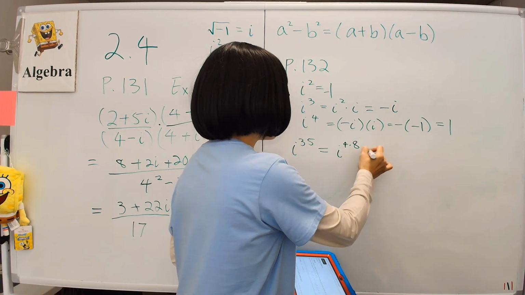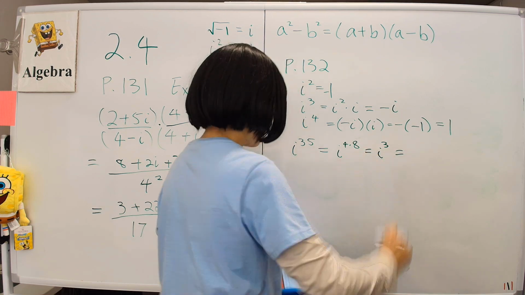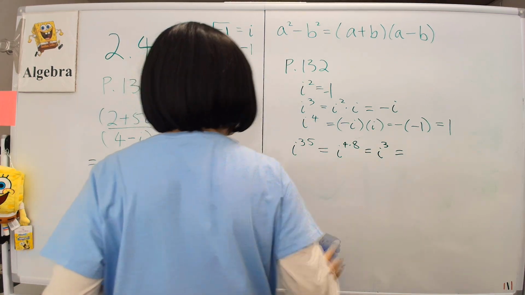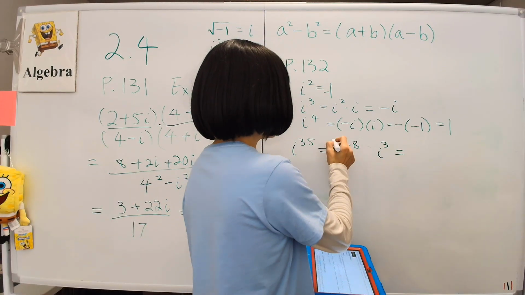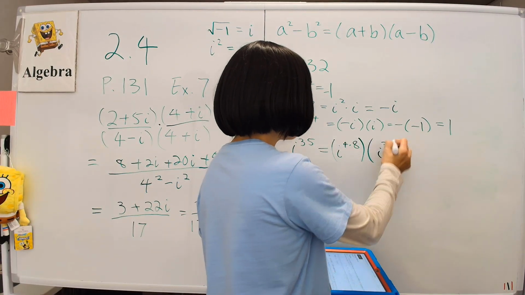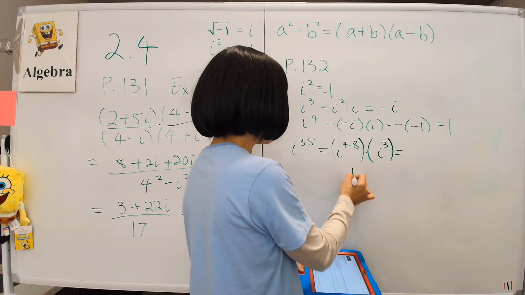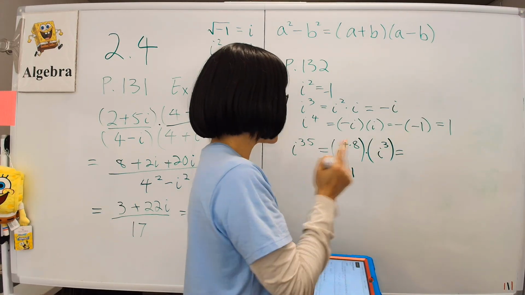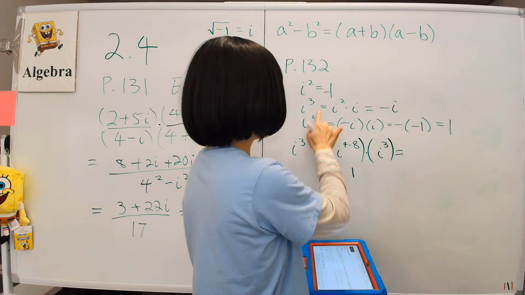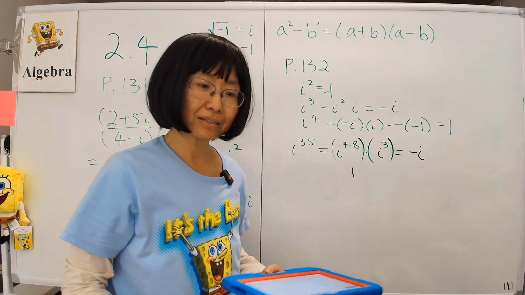So this is equal to i^(4 times 8), that's 32, plus 3 is 35. Now this multiplied together is just 1, because it's 1 multiplied by itself 4 times, still 1. i^3, as we have here, is equal to negative i. So the i^35 is just negative i.